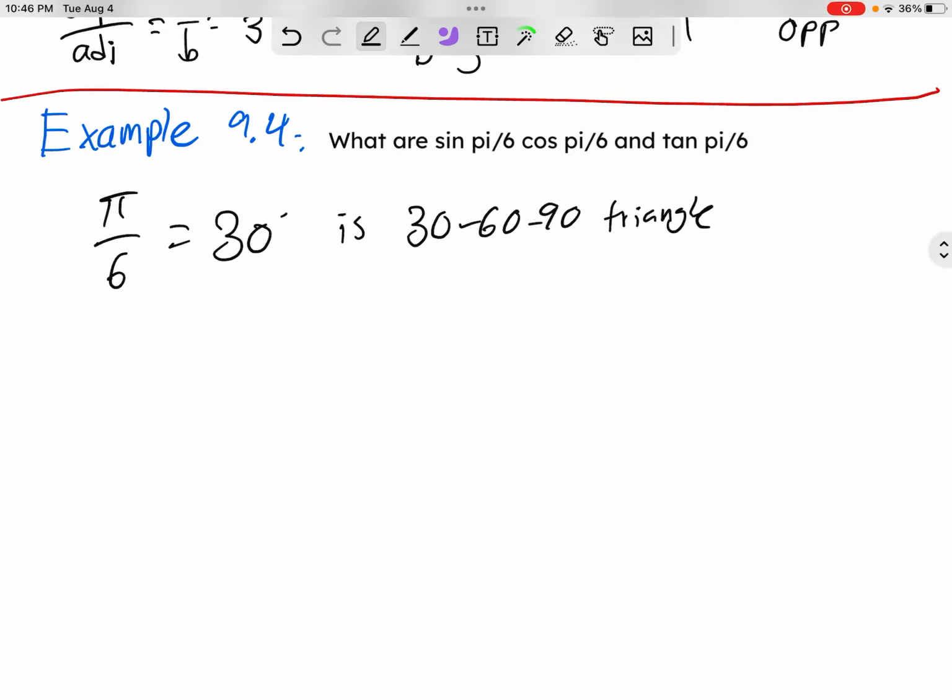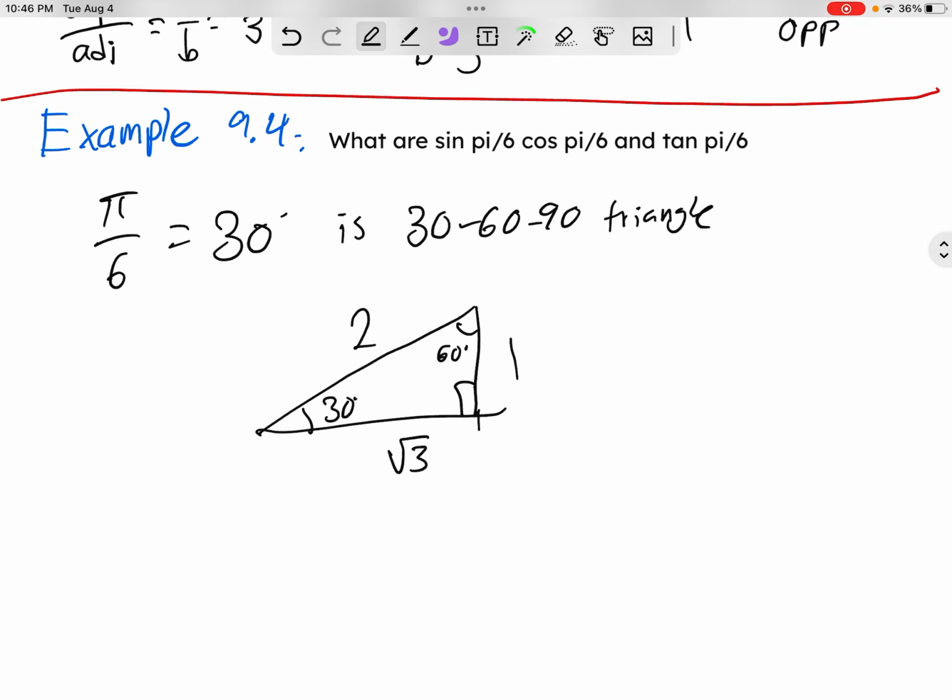Let me draw that out for you real quick. The angles are 90, 30, and 60, and the sides are 2, 1, and square root of 3.